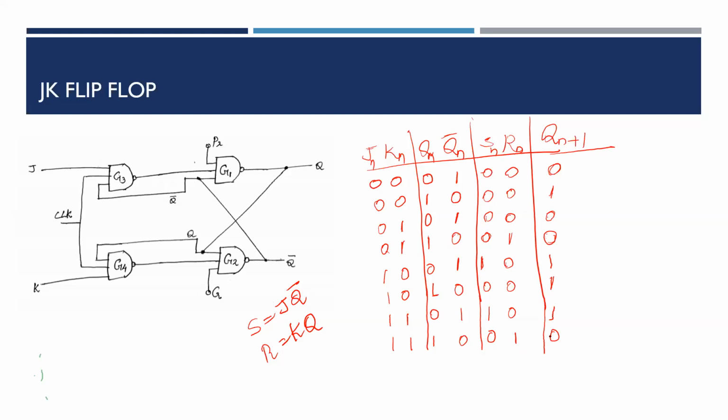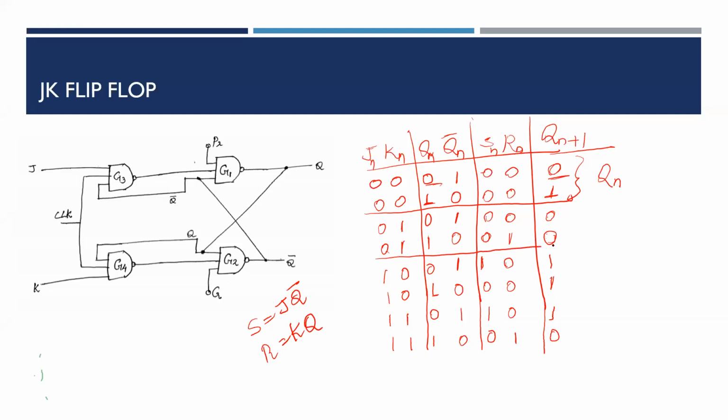Yes. Okay, ഇവിടെ നോക്കിക്കേ. In the first two rows, J, K യും 0 ആണ്. In the first two rows, J equal to 0, K equal to 0. At that time, what was our output? Qn. From this table, we can see the output is exactly the same as Qn.